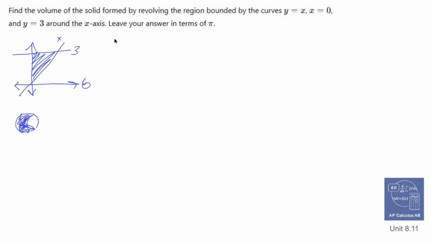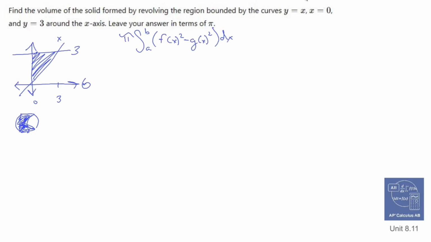The washer method is found by doing pi times the integral from a to b of your upper radius f of x squared minus your lower radius g of x squared dx. What I don't have right now are my limits, except that I kind of do. x is 0, and if y is 3, then x is 3. So I have my limits already.